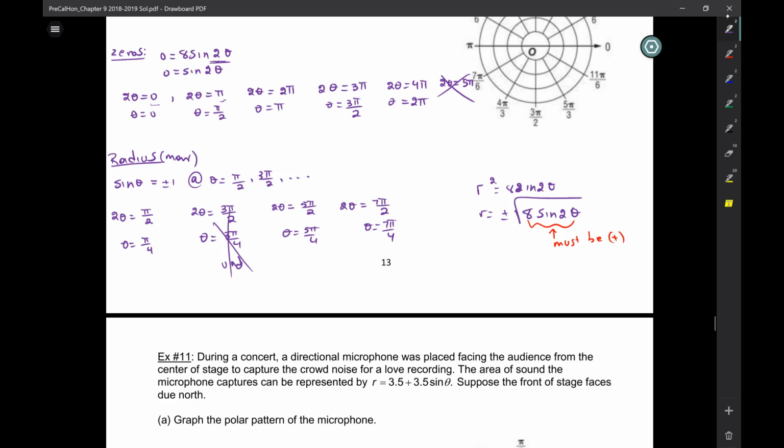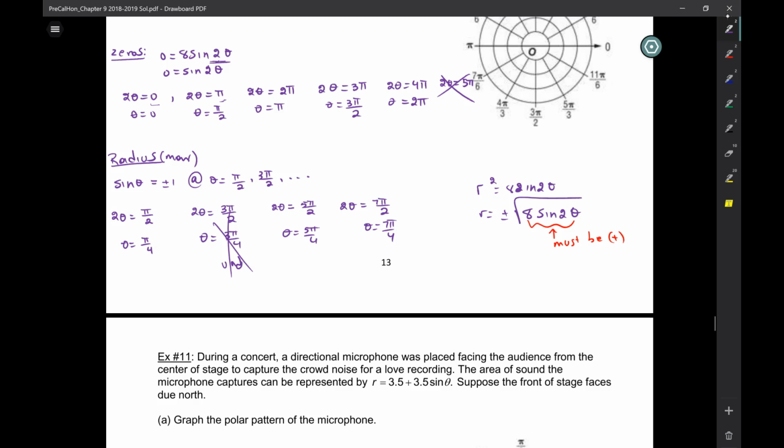That gives me 8 sine pi over 2, which is a positive value. When theta is 3 pi over 4, I get 8 sine 2 times 3 pi over 4, which is 8 sine 3 pi over 2, and sine of 3 pi over 2 is negative. That means this whole thing is undefined.